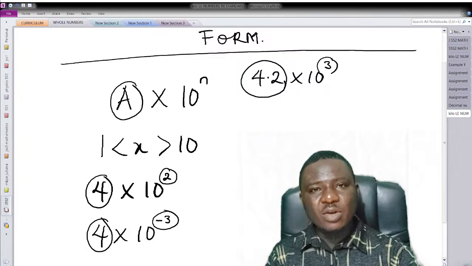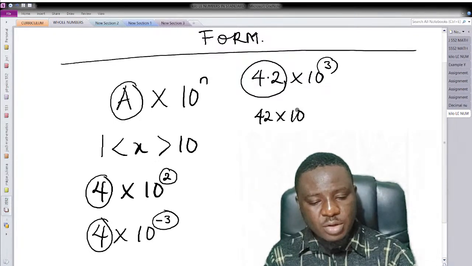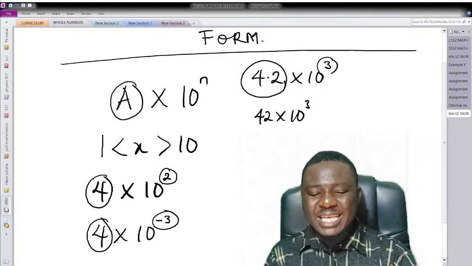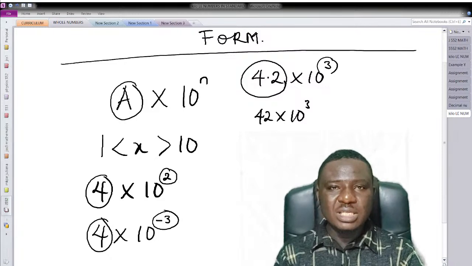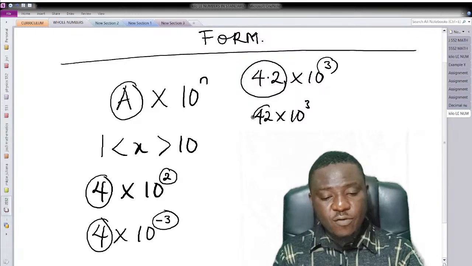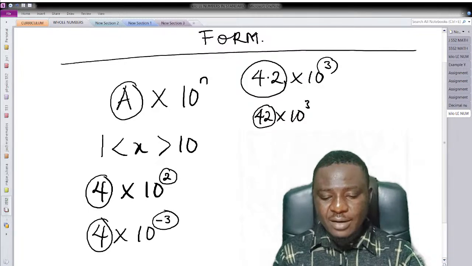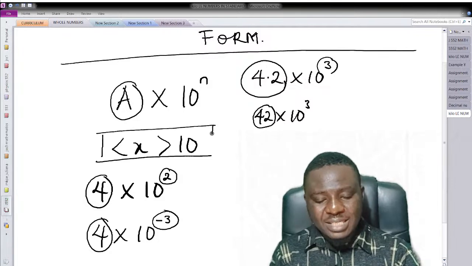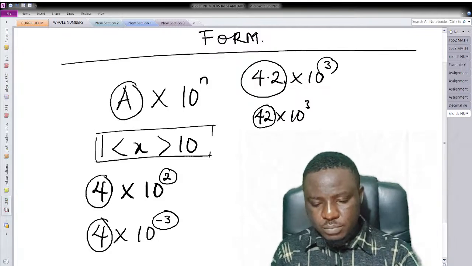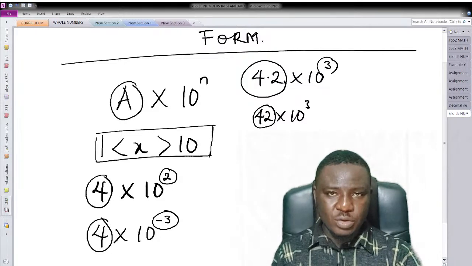But numbers that are not in standard form, for example, 42 times 10 raised to the power of 3, are said not to be in standard form. Why is it not in standard form? It is not in standard form because 42 is a number greater than 10, so it has not met the first condition.